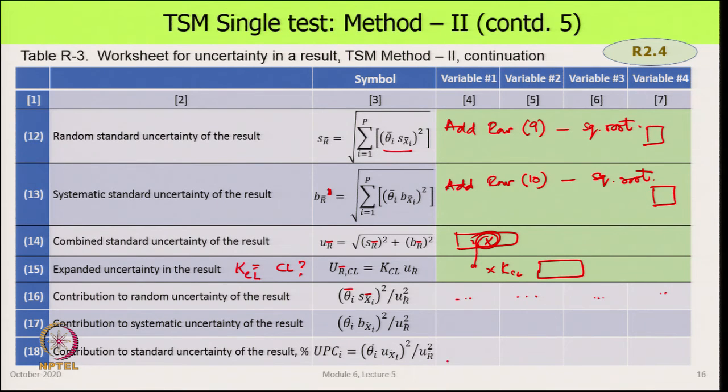Then measure contributions from systematic uncertainty, we can do the whole thing again, but this time instead of s_xi we have b_xi, each term in the earlier row, and then we got all these. And finally, contribution to standard uncertainty of the result, which is our UPC, uncertainty percentage contribution of the ith measurement. This is u_xi bar by u_r bar. So, you can take value of u_xi earlier or take the sum from here and calculate these numbers.